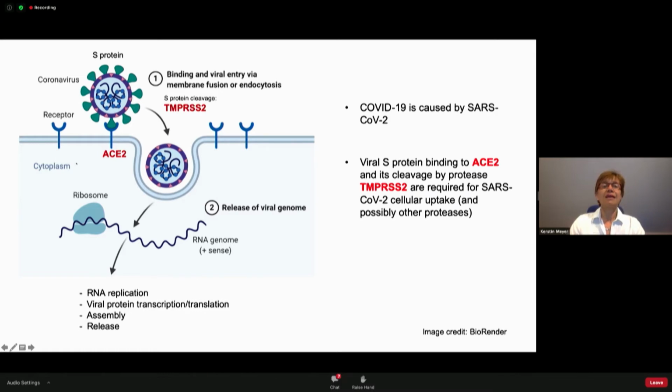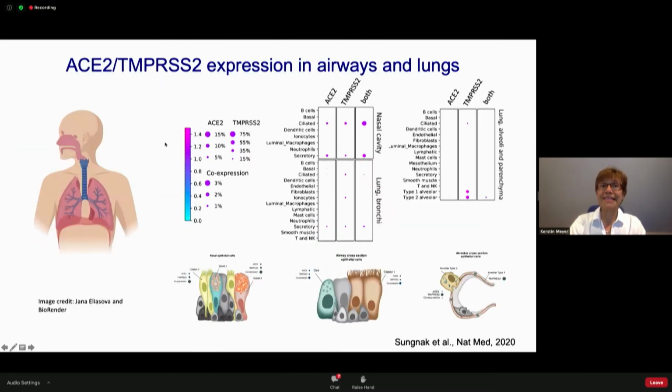Now, knowing that ACE2 is the viral receptor and that TMPRSS2 is a very critical protease, it occurred to us that the Human Cell Atlas was a great resource to better understand exactly which cell types can be infected by this virus. So we made use of existing data sets and asked which cell types express either ACE2 or TMPRSS2, or indeed both, which is the relevant combination.